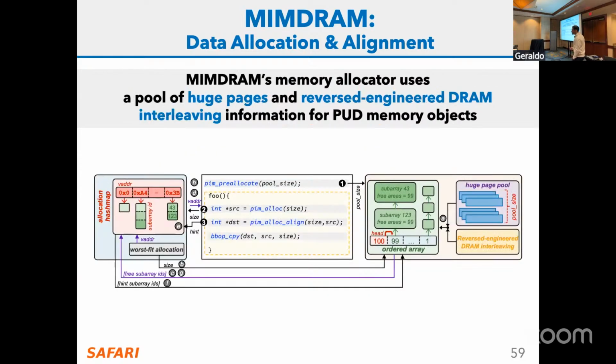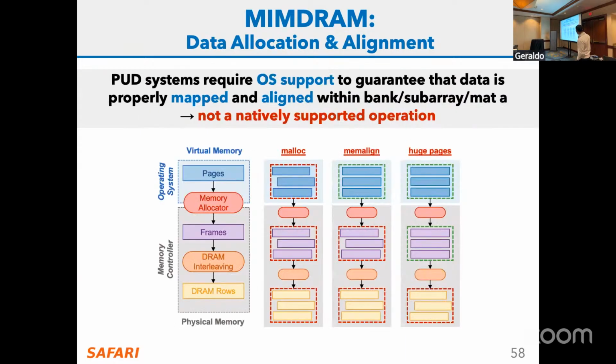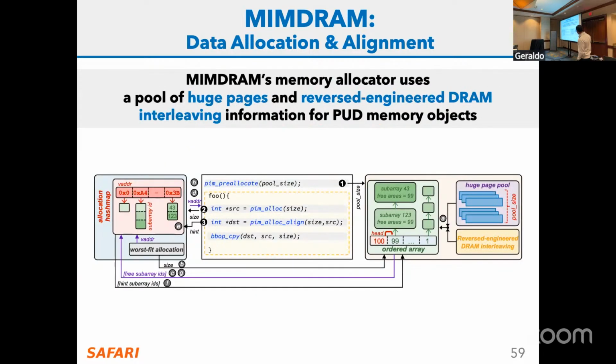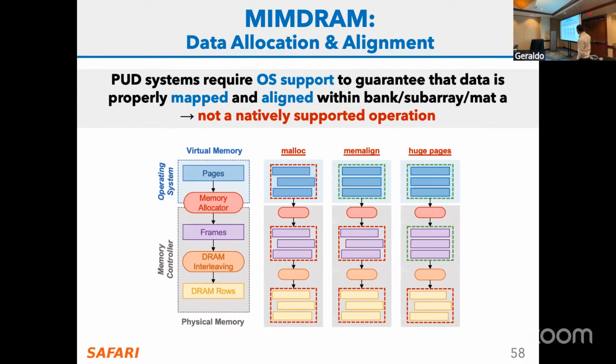To fix that, we provide a new allocator, a new PIM malloc operation, which allows the operating system to allocate aligned physical frames that are also aligned across the different subarray boundaries inside the DRAM chip. To do that, we combine huge pages, which give us alignment down to the physical frames, with reverse engineering information about the DRAM interleaving, which lets us know where a given frame is going to be mapped inside the DRAM subarray.